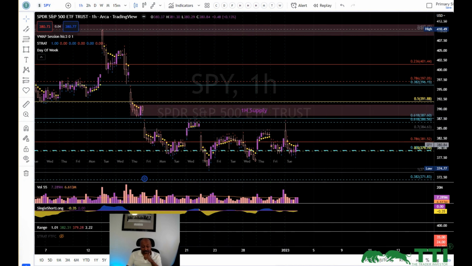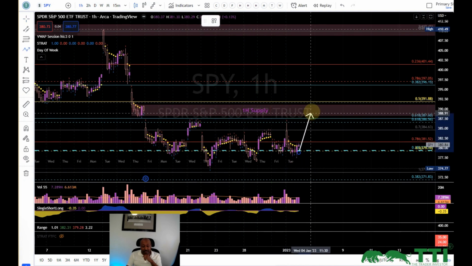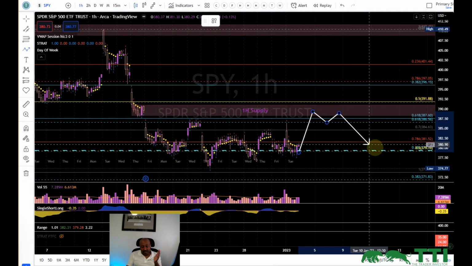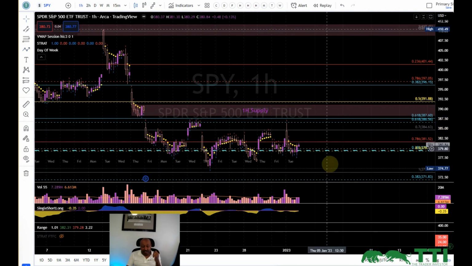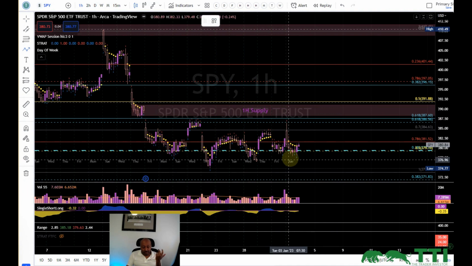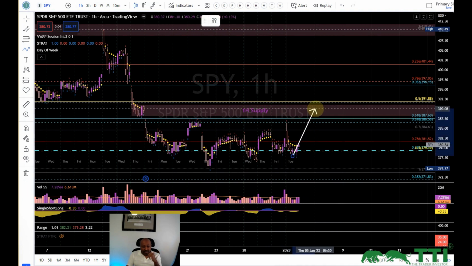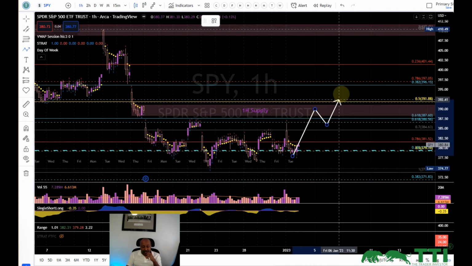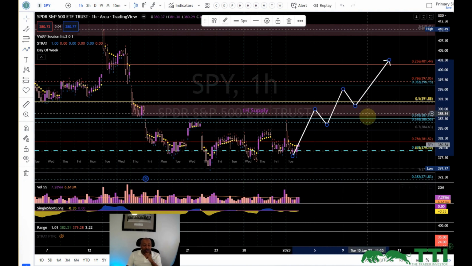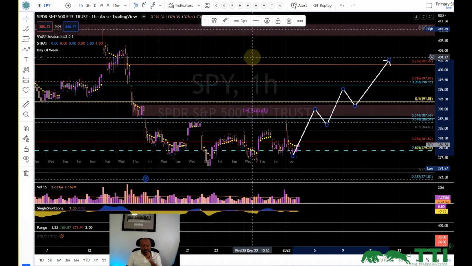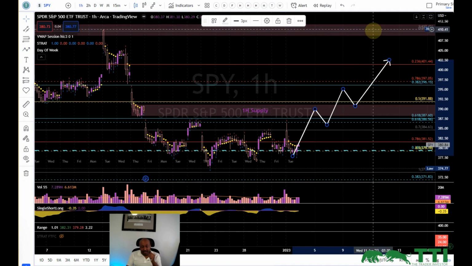As soon as price comes up here, I'm really cautious because it could do this. I'm biased to the downside. What would be nice is if it touches this and then it does this. Then we know we're back up to the upside, at least momentarily, until we hit the next supply zone.